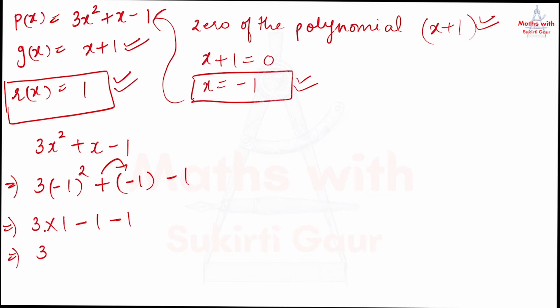Now this came as 3 times 1, 3, minus minus will be plus, and it will give us 2. 1 plus 1 will be 2, and the sign is of the greater number. There is no one greater here, so we are going to take only minus. The value we are getting is 1.